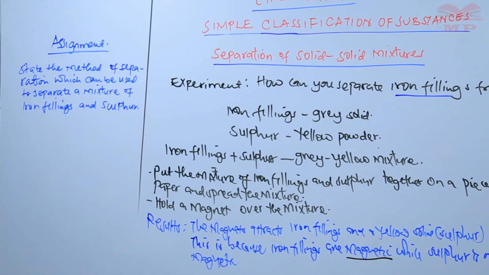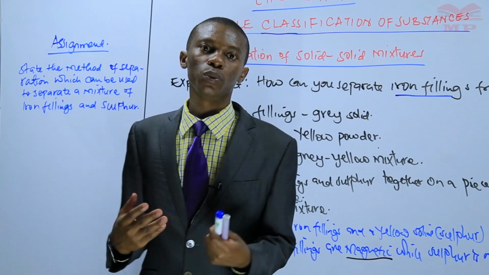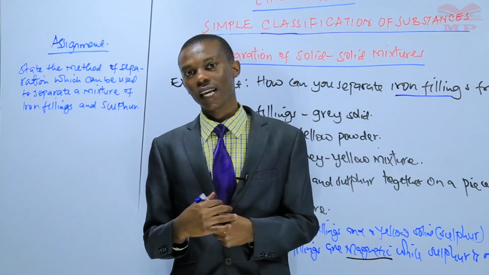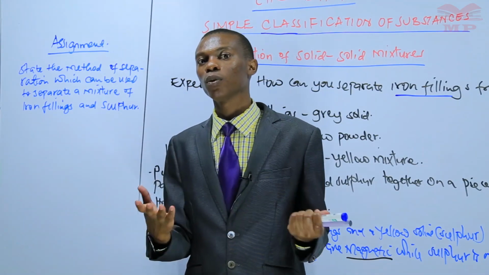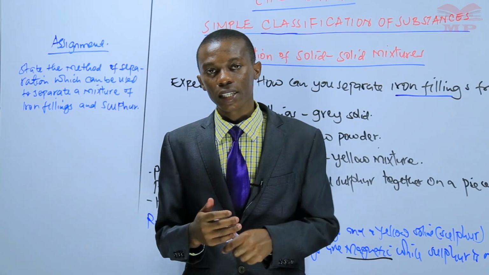State the method of separation we can use to separate a mixture of iron filings and sulfur. I hope that's a simple one you can answer very well. So ensure that you've answered that before we meet in the next lesson.